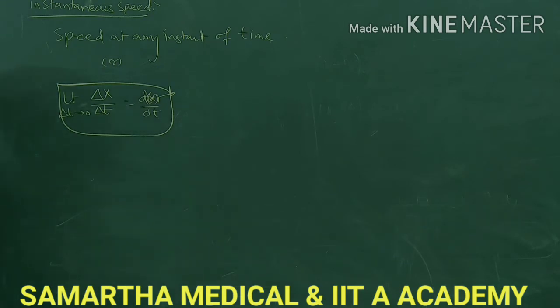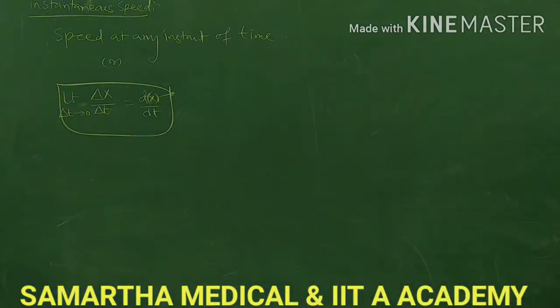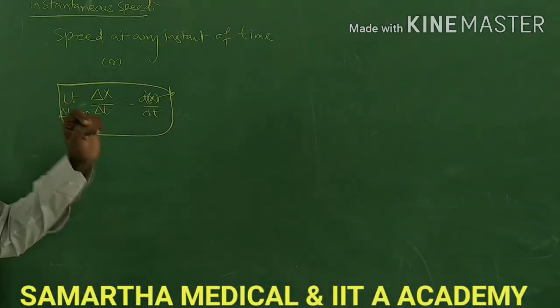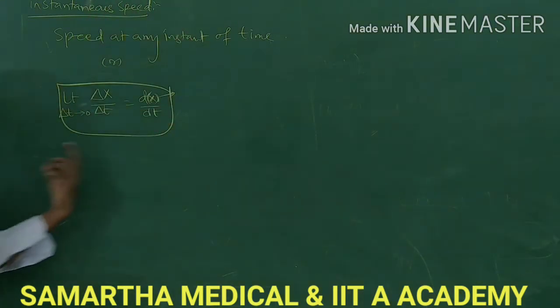Important point: instantaneous speed is numerically equal to the magnitude of instantaneous velocity. Magnitude of instantaneous velocity gives you instantaneous speed. Velocity we will speak about next, but put a note of this point, later you can understand.